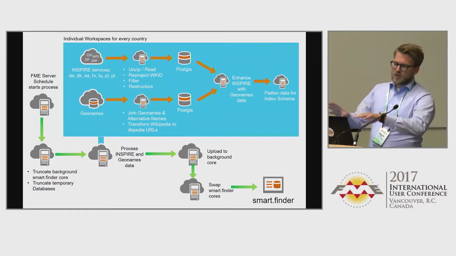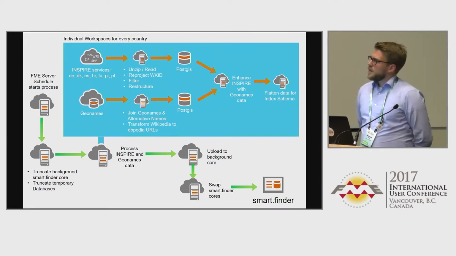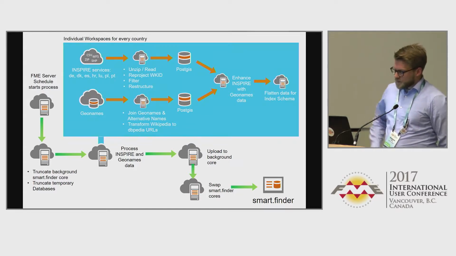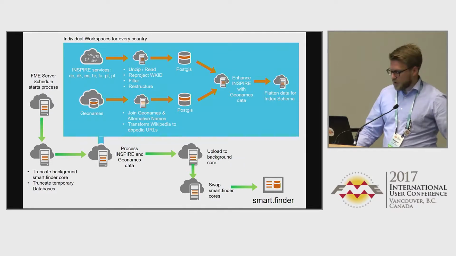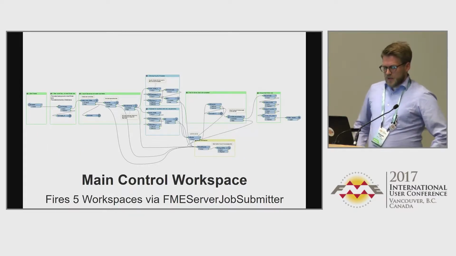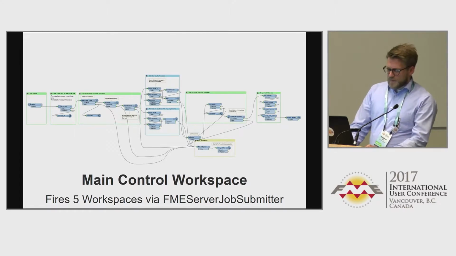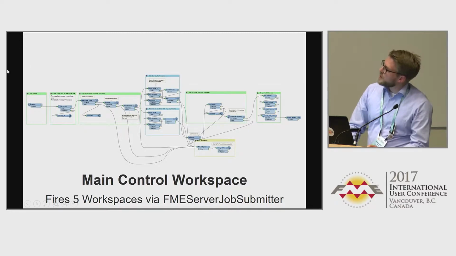And all this was orchestrated by a main workspace, let's say. So this workspace fired up 5 other workspaces. This is the main control workspace that you see. Do I have a mouse?